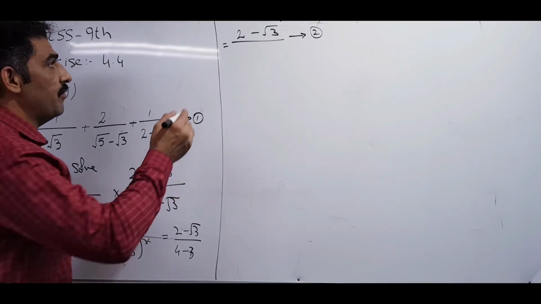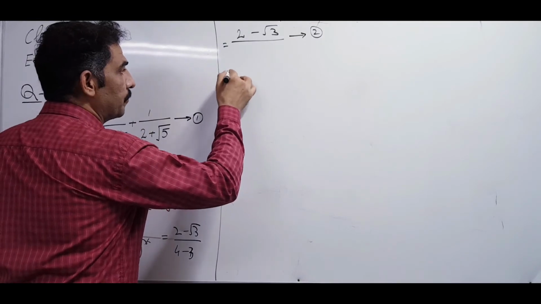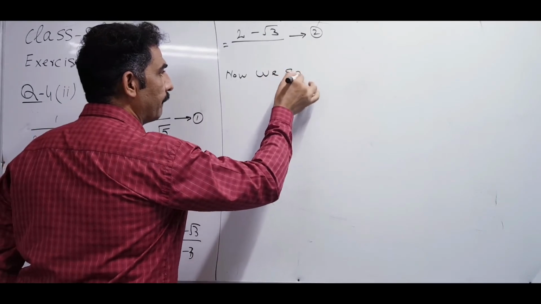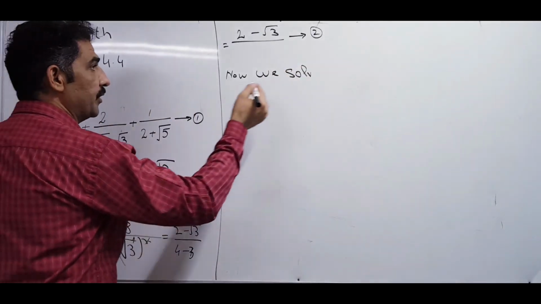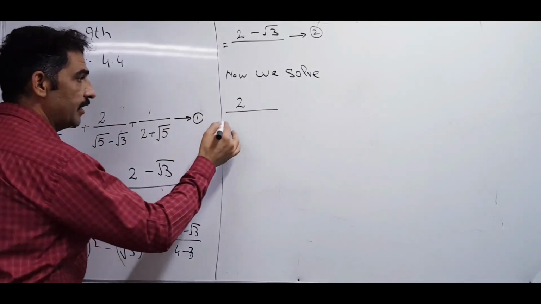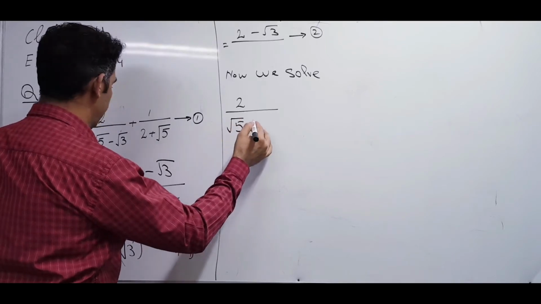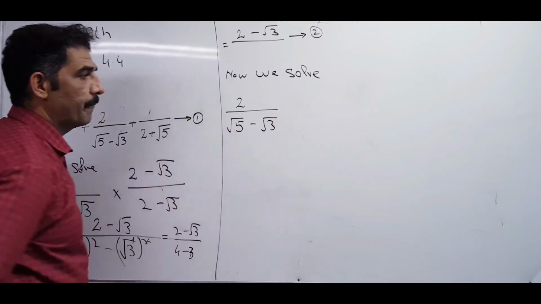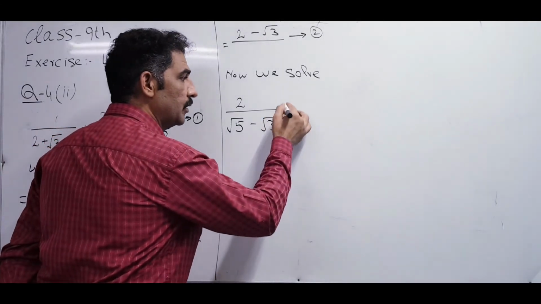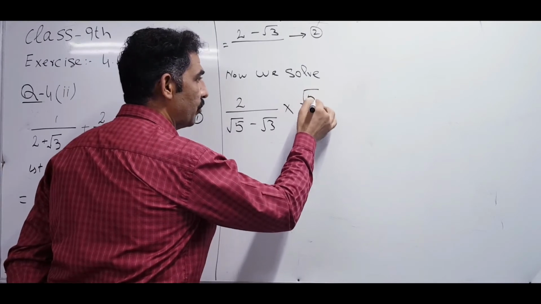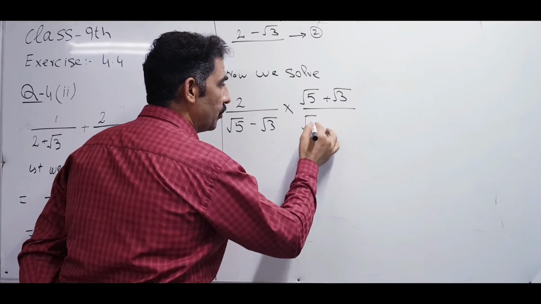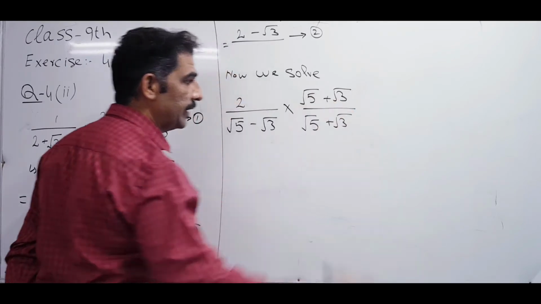Now we'll start to solve this second part. Now we solve this. We solve 2 over root 5 minus root 3. Again, rationalize the denominator, multiply by its conjugate, so we get root 5 plus root 3 over root 5 plus root 3.